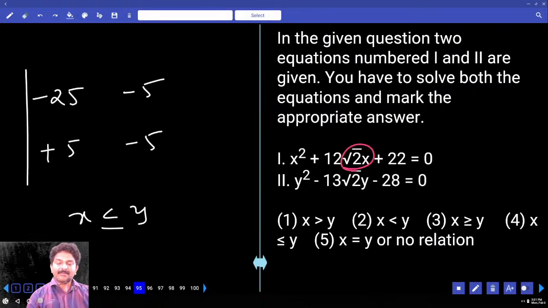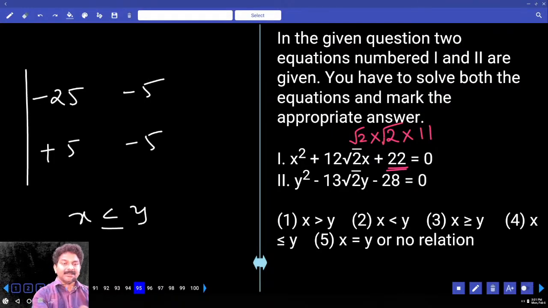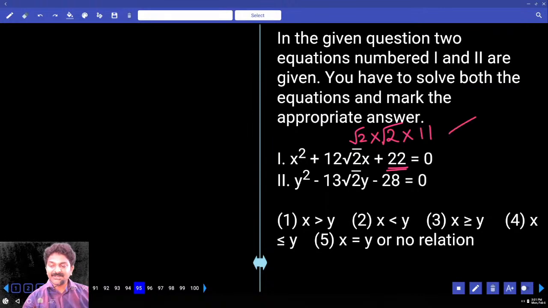Whenever you have a root value, do remember, in your product 22, let's write it as 2 times 11. 2 I will write as root 2 into root 2. In our product, how many combinations must be there? 2, so root 2 is there. I will write one root 2 here, another root 2 here.